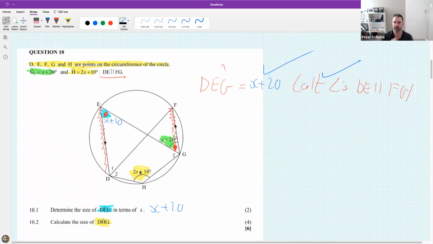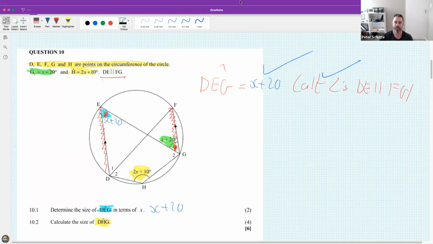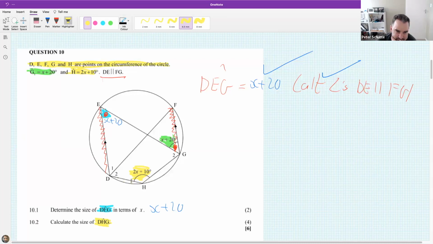Yes, Kristen, I agree. H is supplementing to E. Let's have a look. Wow, Fedeko, well done. What is the relationship between H and E? Why are they supplements? Can you tell me? Yes, opposite angles of a cyclic quad.